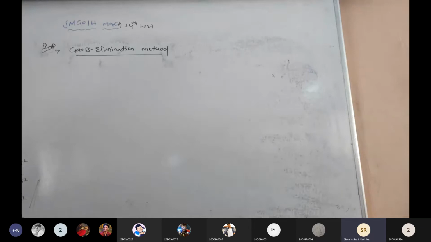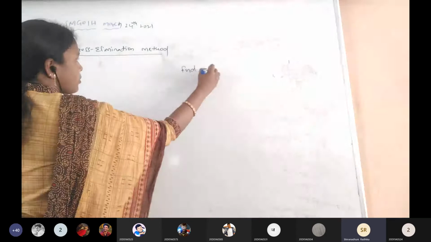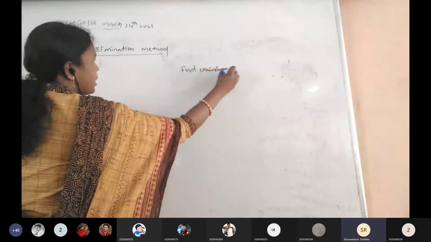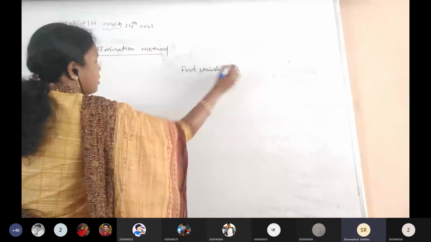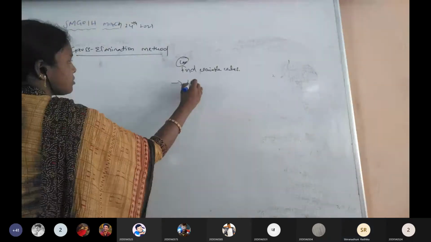Finding the variable values. Right. Now, the main concept is finding the variable values. How can we find out the variable values using Gauss elimination? In the Gauss elimination problem, we have the linear system.